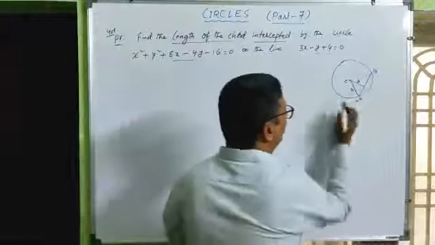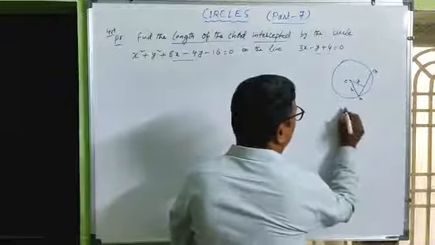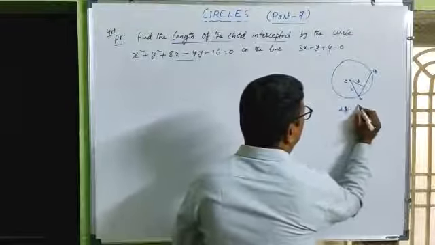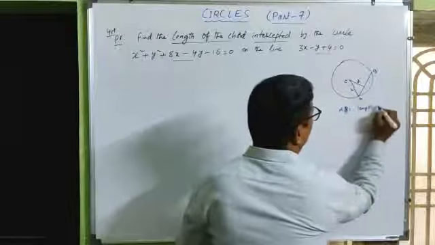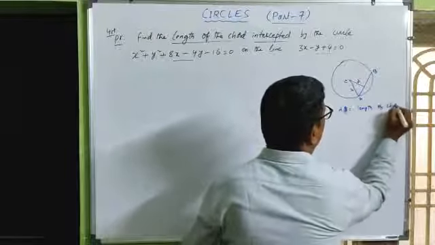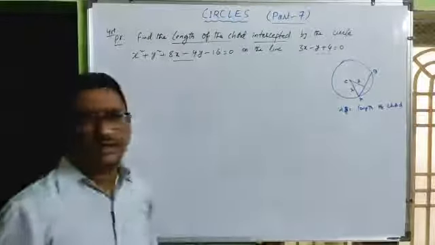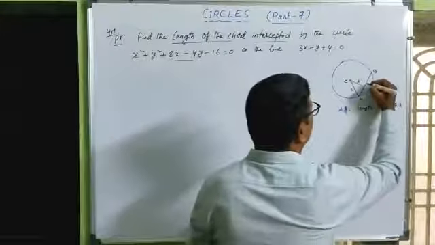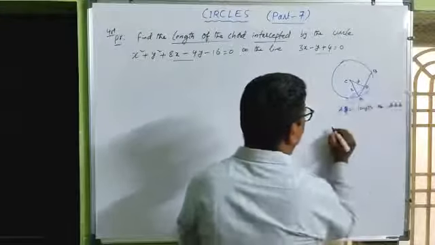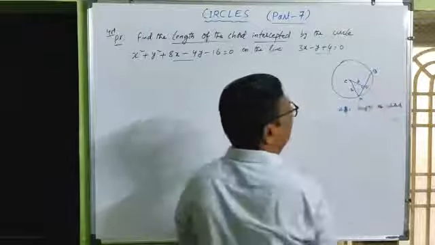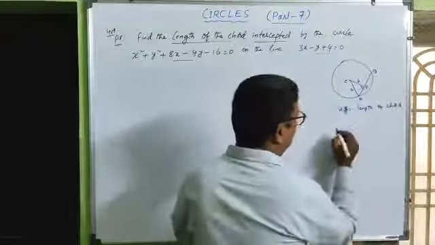Now we have to find the length of the chord. That means we have to find AB. So AB will be the length of the chord. First suppose this is P. Let's suppose this is a right angle triangle APC.